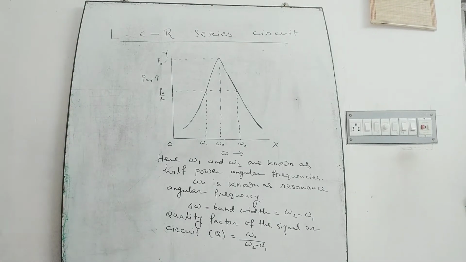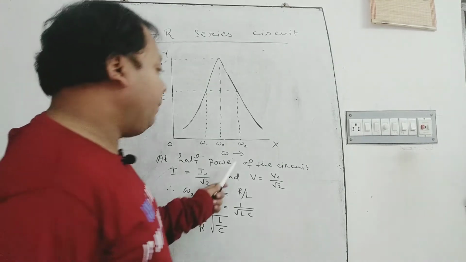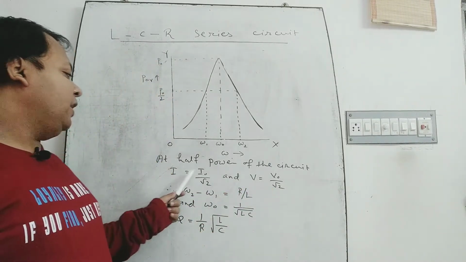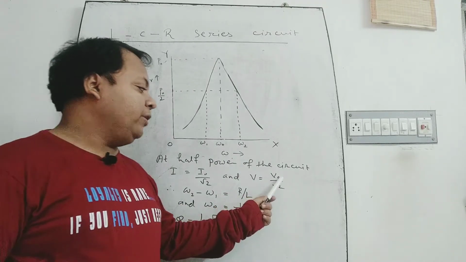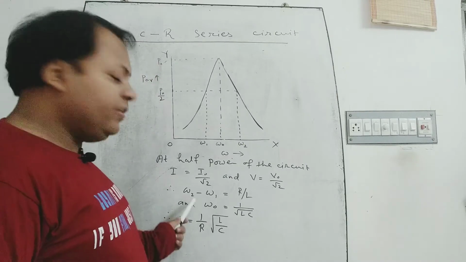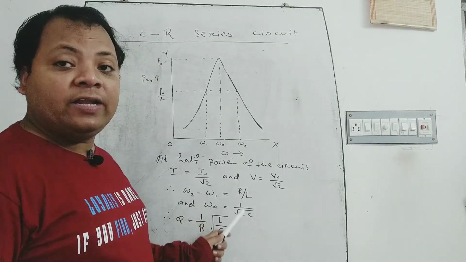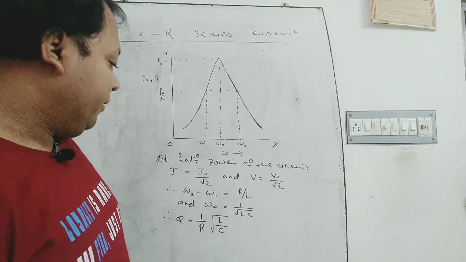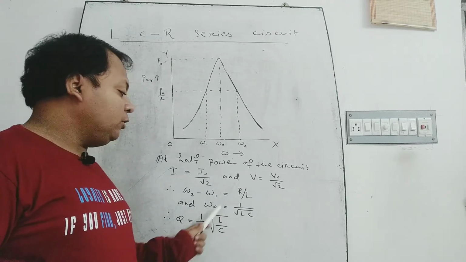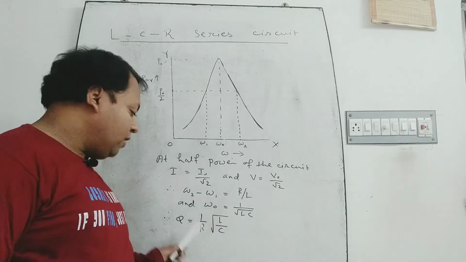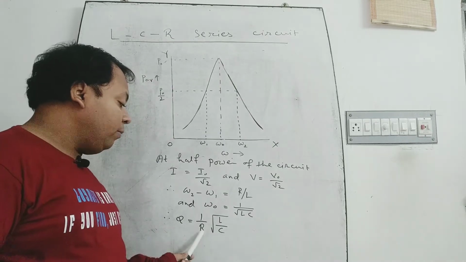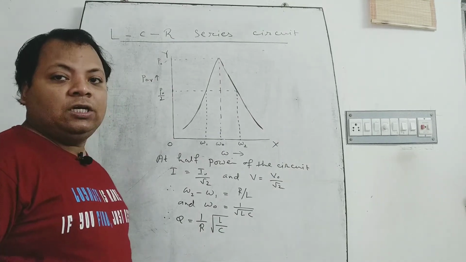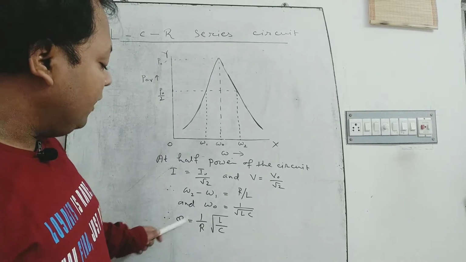In this case, omega 2 minus omega 1, that is the bandwidth, is equal to R by L. And you know that omega 0 is equal to 1 by root over LC. Therefore, the quality factor Q is equal to 1 by R root over L by C. Q is inversely proportional to the resistance of the circuit, inversely proportional to the square root of the capacitance, and directly proportional to the square root of the inductance.